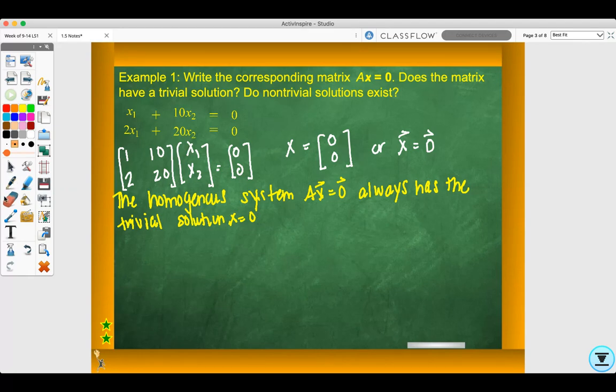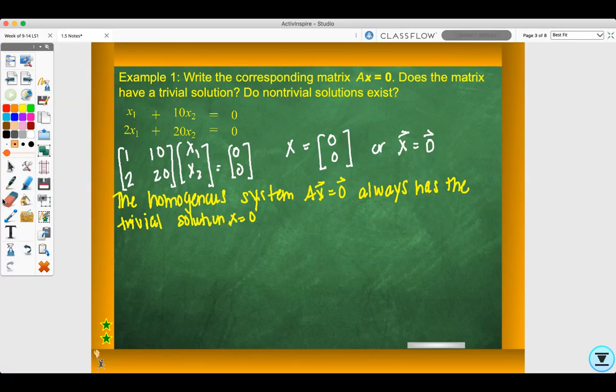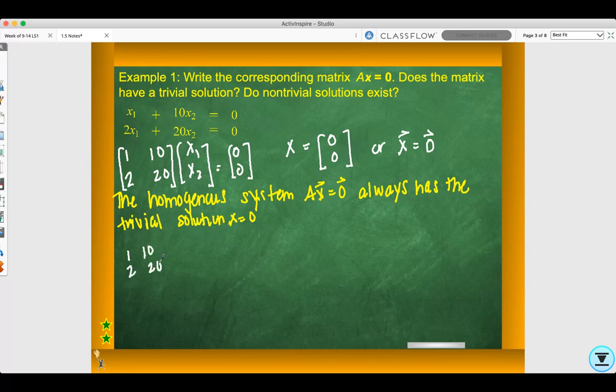If we want to go through and find that non-trivial solutions exist, we can go ahead and row reduce this. So I'm going to take my augmented matrix, and I'm going to row reduce this to 1, 0, 10, 0, 0, 0.